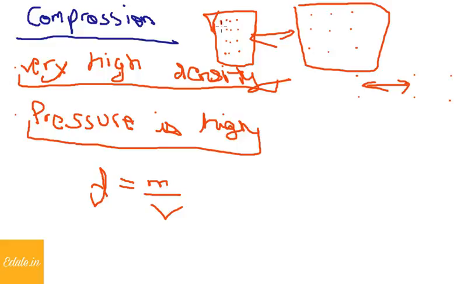Now if we take these particles, what happens in these two conditions is that the mass is always going to be constant, because we are not adding any particle, nor subtracting any particle. So the number of particles is constant and the mass of a particle is constant. So mass is constant in both the conditions.